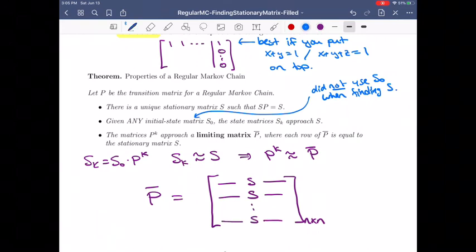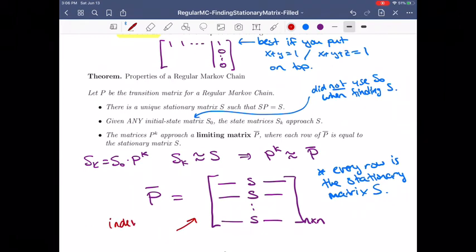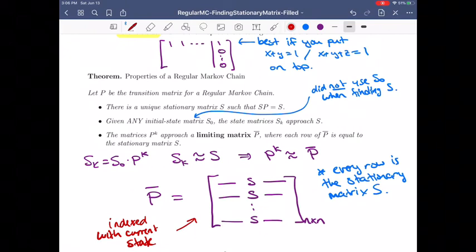So every row is the stationary matrix S. Now, why is that? Well, remember that the rows are indexed with the current state, so the state at the beginning, and the probabilities are the probability that you end up in a given state after k steps for P to the k.